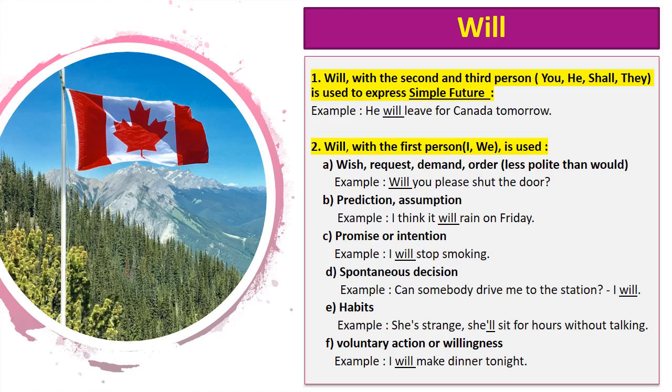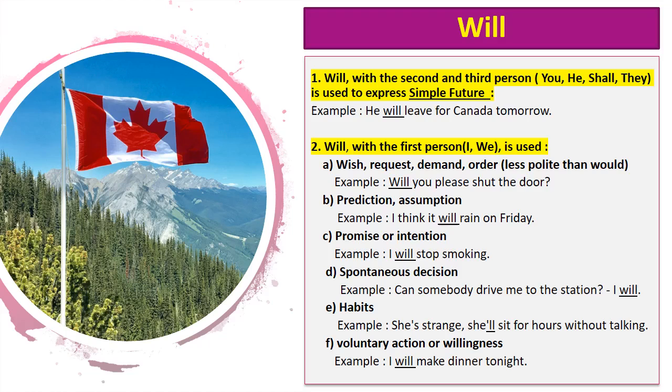So it's a prediction कि Friday को बारिश होगी. Promise or intention. For example, I will stop smoking. So it's a promise. It's my intention that I want to stop smoking. D. Spontaneous decision. Can somebody drive me to the station?